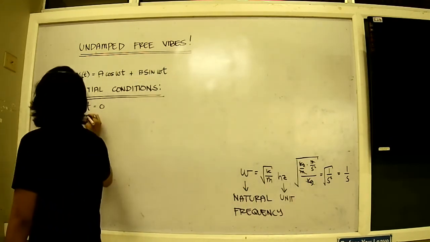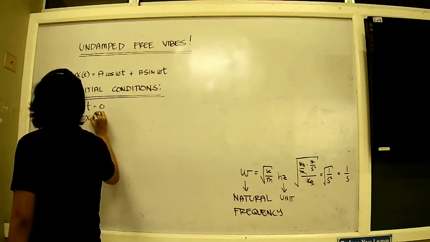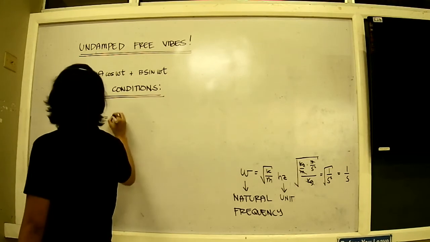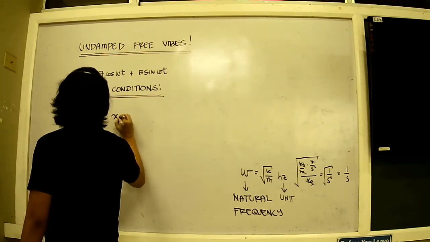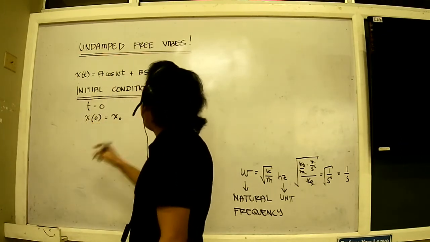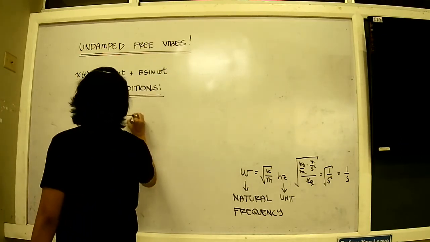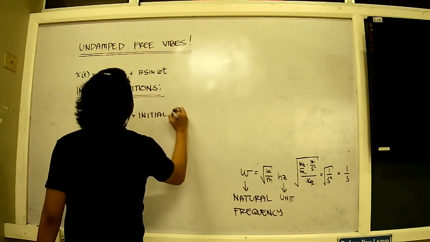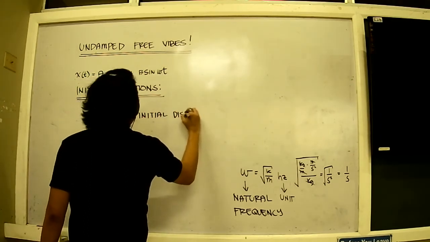Now, if that is the case, we have initial displacement. When time is equal to 0, our x should be our initial displacement, or initial position.